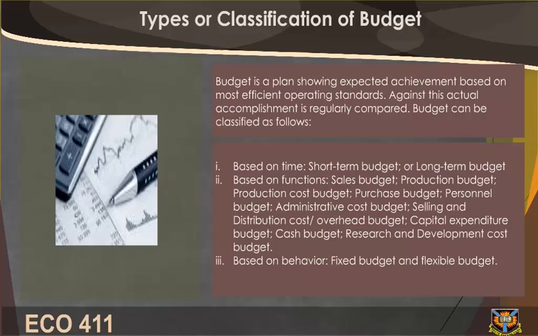Based on functions, sales budget, production budget, administrative cost budget, selling and distribution cost overhead budget, capital expenditure budget, cash budget, research and development cost budget. 3. Based on behavior, fixed budget and flexible budget.